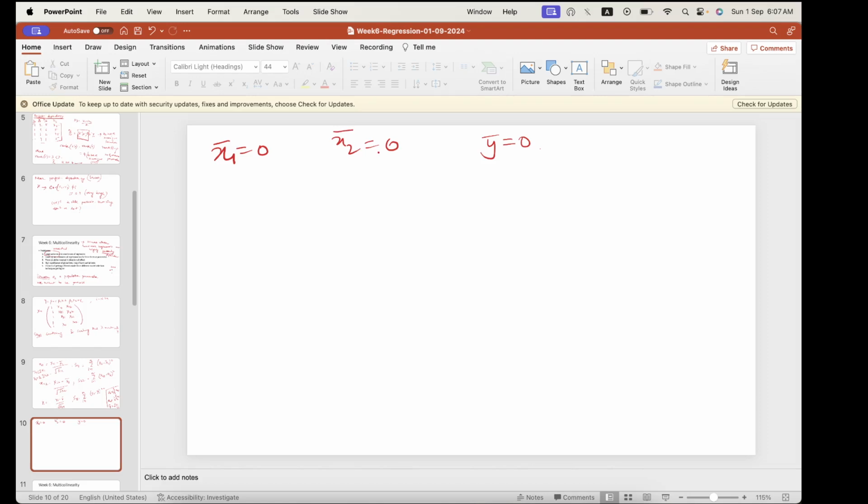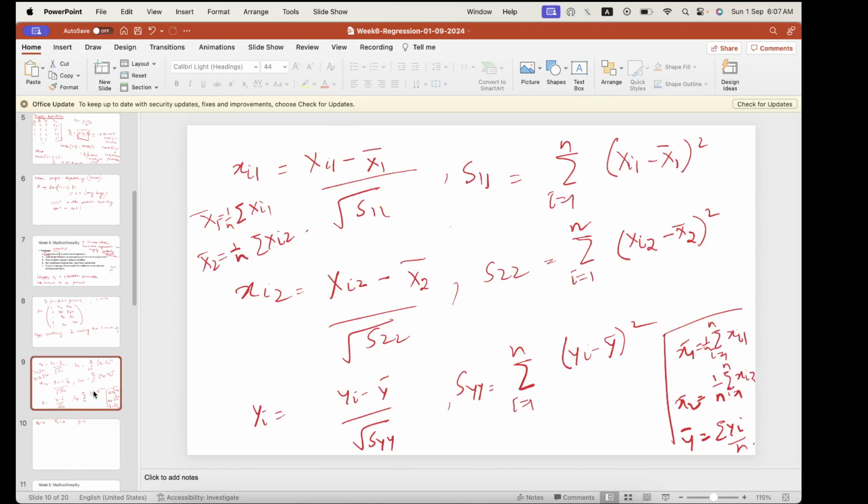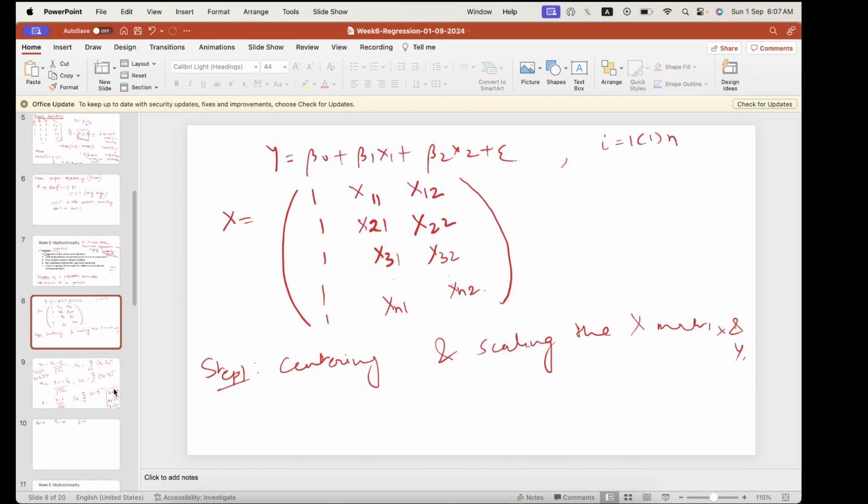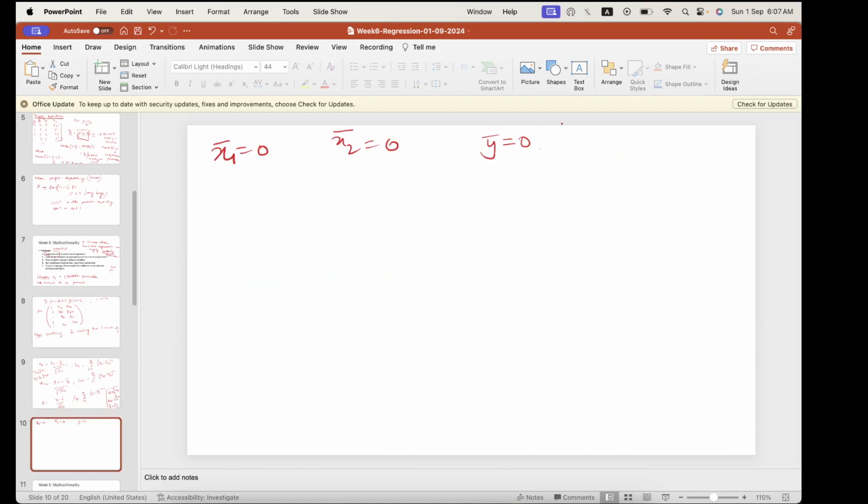Alright, so now that we have centered it about mean, small x1 bar will be 0, small x2 bar will be 0, and y bar will also be 0. So these variables, lowercase x1, x2 and y, are actually mean centered.